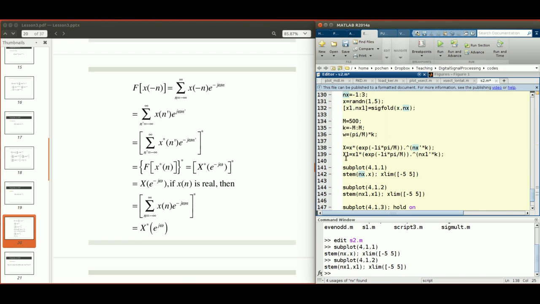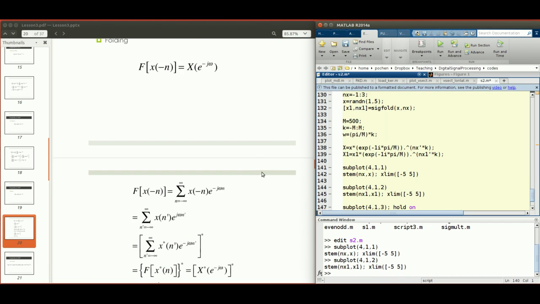Now let's compute the Fourier transform of the folded signal, right? All we have to do is to replace x with x1, because x1 is a folded x, and nx1 is the horizontal axis of x1, the folded x. That's all we have to change. And then the Fourier transform of the folded signal is stored in big x1. See, right?